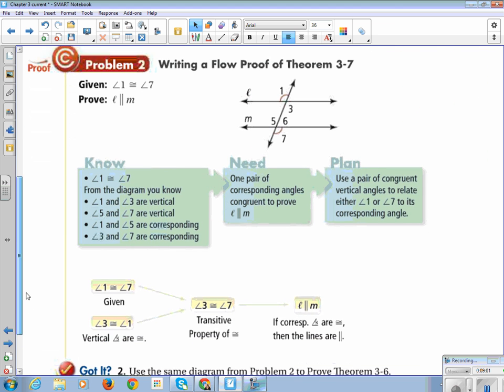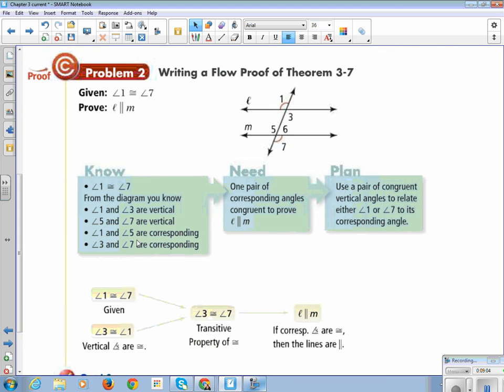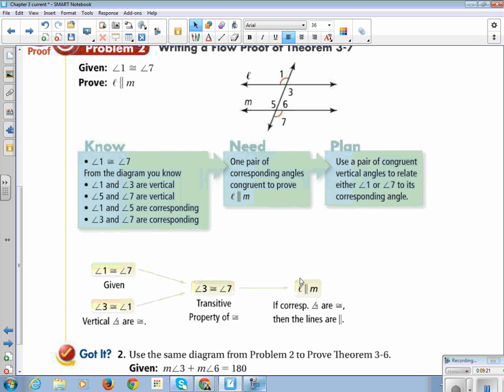All right, let's look at problem 2 together. We're going to write a flow proof of theorem 3-7. I'm given angle 1 is congruent to angle 7, and we've written the congruency on our picture, yay. I want to prove that line L is parallel to line M. So what they've done is they've written down the given, 1 and 7 are congruent.